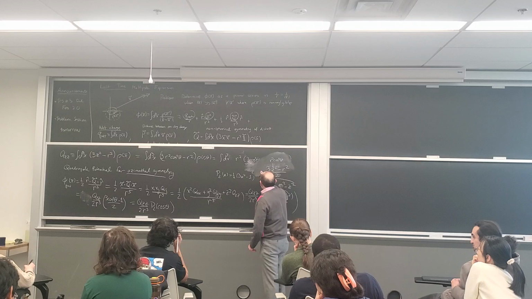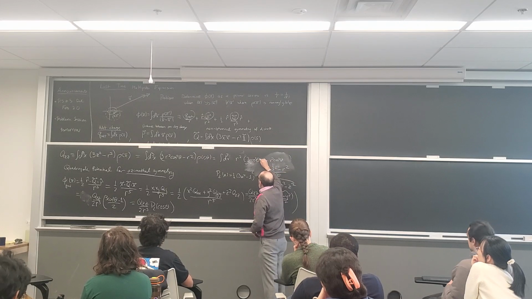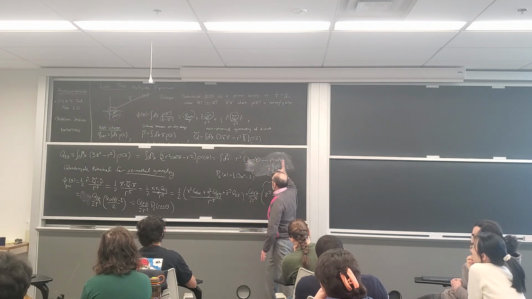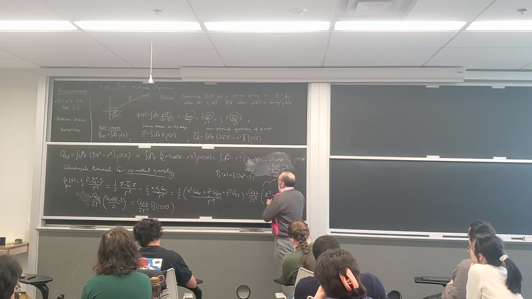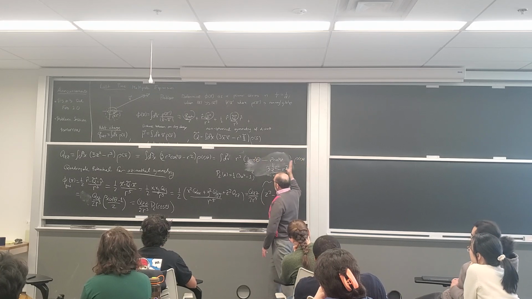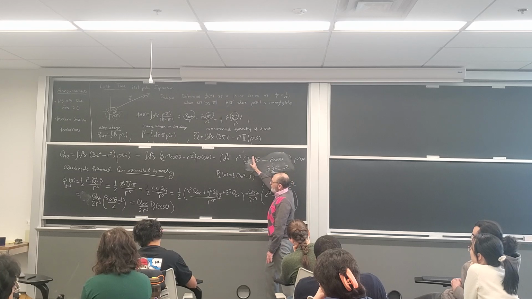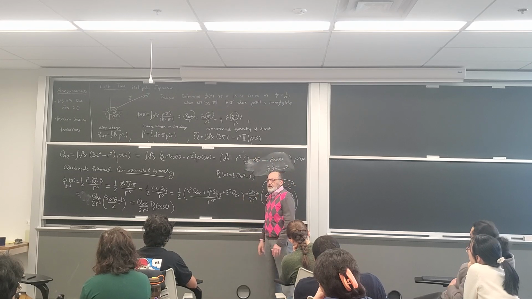But as far as the angular dependence went, we projected the distribution by multiplying it by a Legendre polynomial, in this case P2 of cosine theta, and integrating over that, and we got the moment.